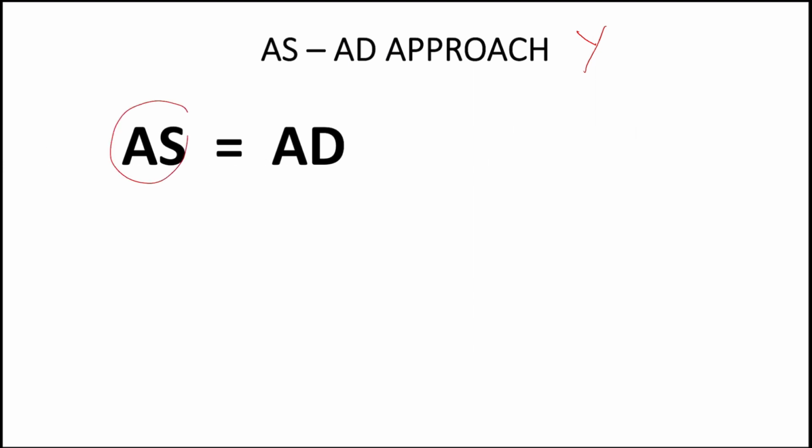Aggregate supply is the total product that is supplied in the country, so this is the value of Y. And aggregate demand, that we learned in chapter 2, is C plus I plus G plus X minus M.